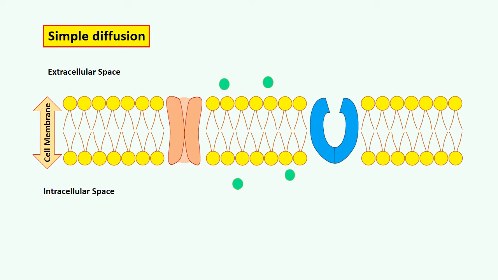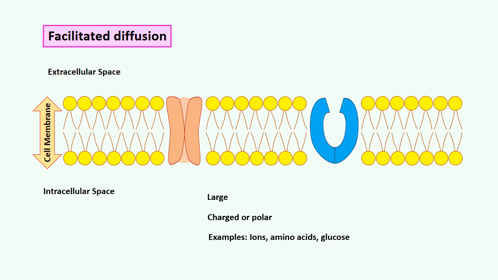Molecules that are transported by the simple diffusion process are usually small, nonpolar, or lipid-soluble, such as oxygen and carbon dioxide. Facilitated diffusion is used to transport substances that cannot pass through the lipid membranes due to their size or polarity, such as ions, glucose, and most amino acids.